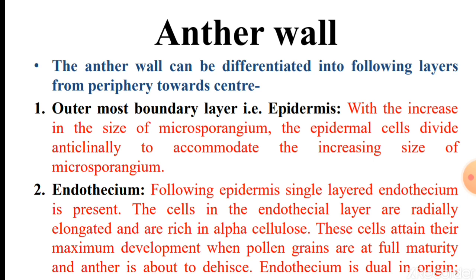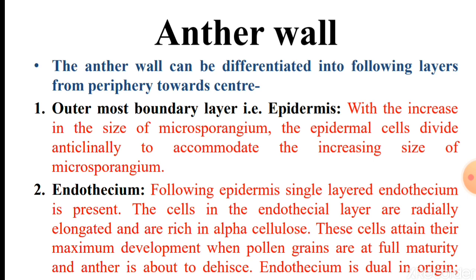With the increase in the size of the microsporangium, the epidermal cells divide anticlinally to accommodate the increasing size of the microsporangium. Actually, initially, when the development of the anther starts, it is a homogeneous mass of cells bounded by a single layered epidermis.